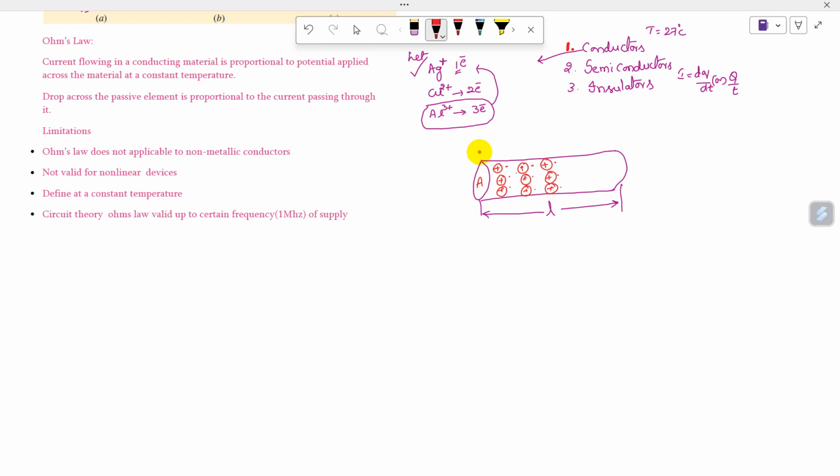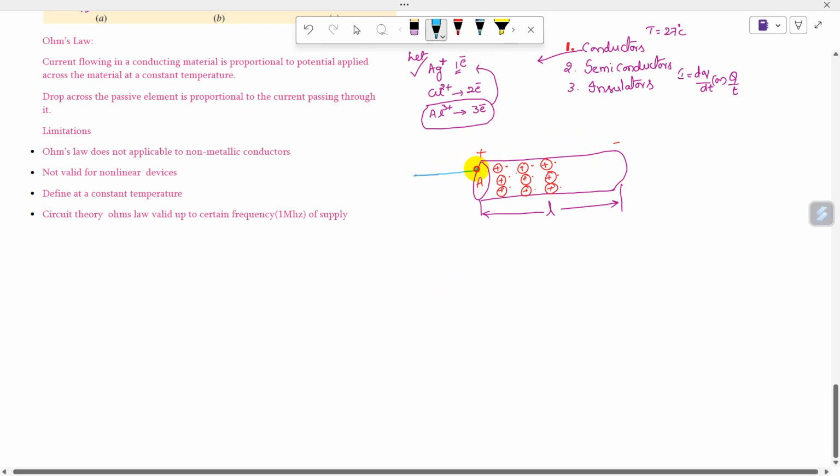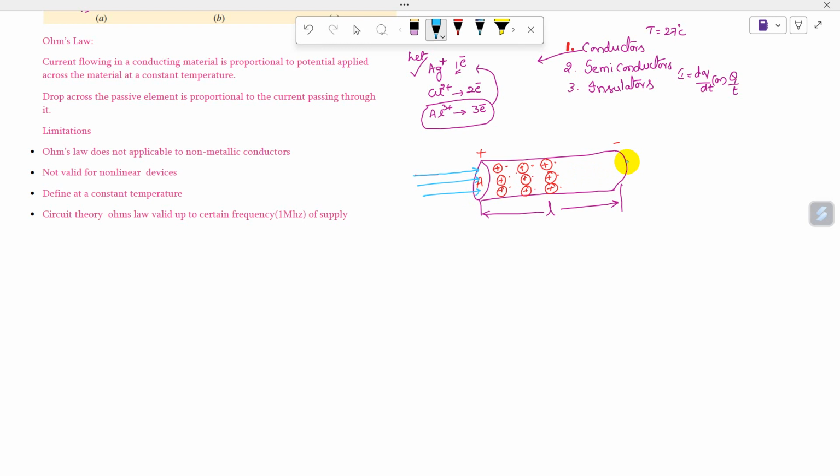Now I am applying an external field with the polarities like this, and the field is flowing in this direction. This is my external field direction.